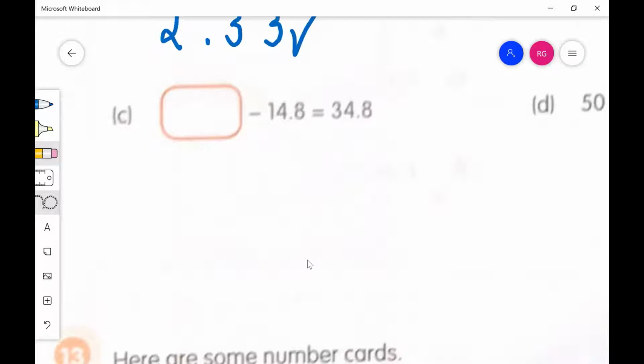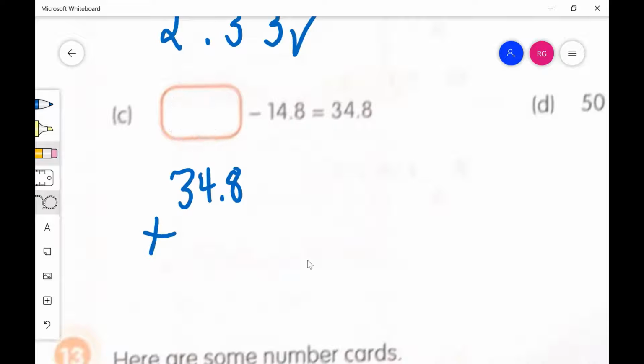I can think of these as variables. That's one way I do this. For C, I can call this x minus 14.8. And if I want to solve this, I just need to do the opposite. So I think of this as an algebra problem, really, and I'm solving for x. So I just need to take 34.8 plus, and I'll erase that x.